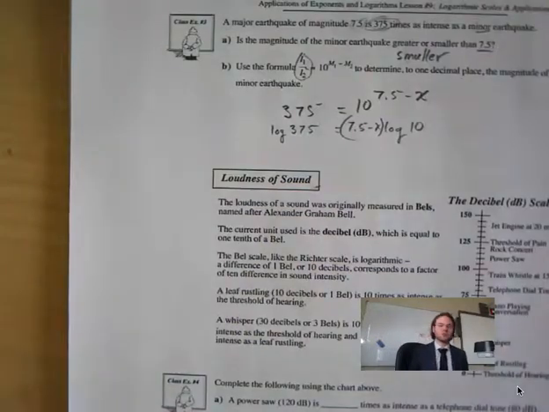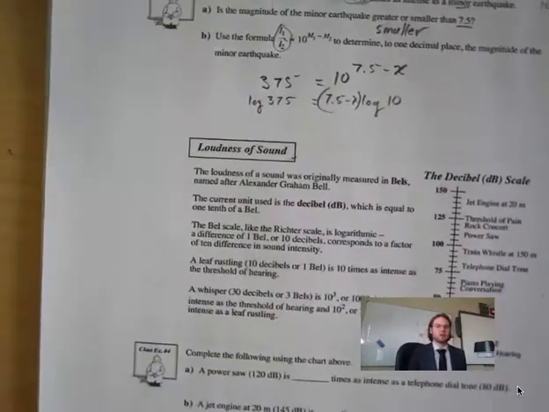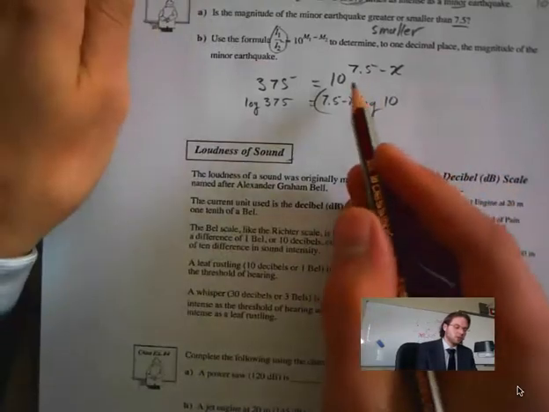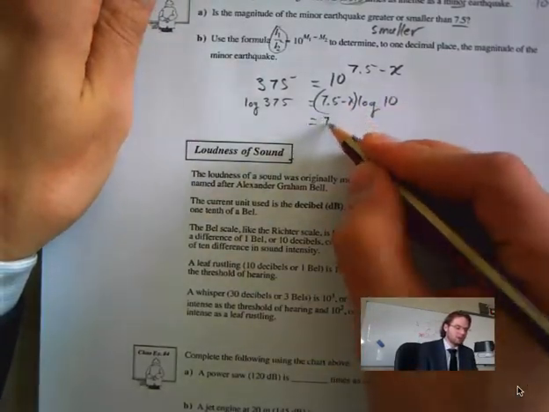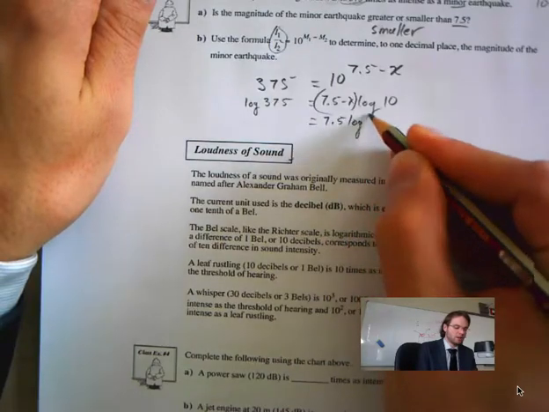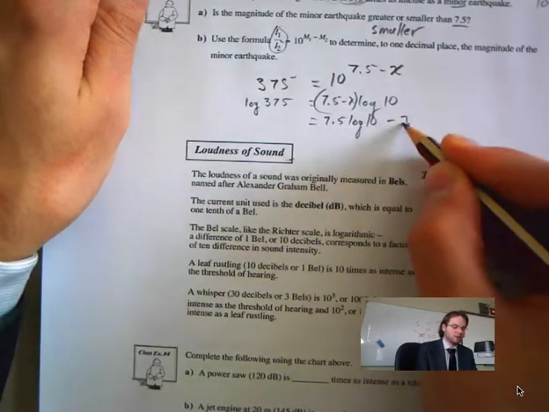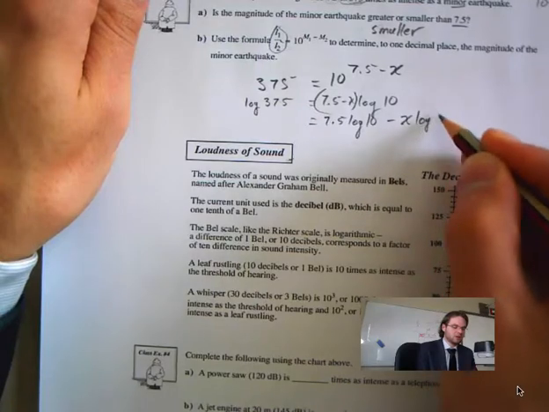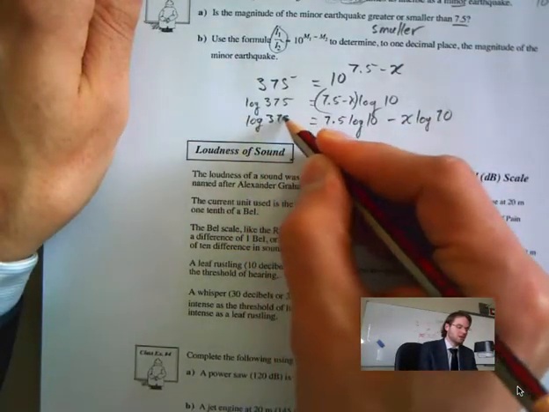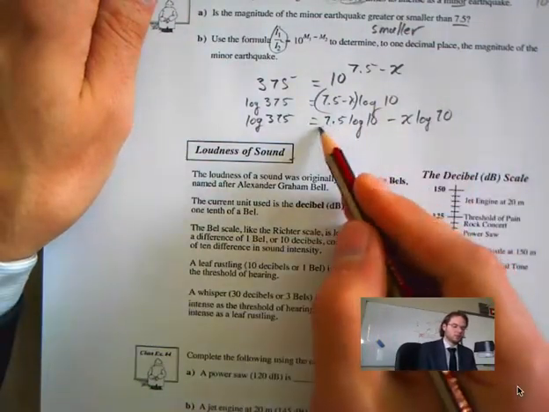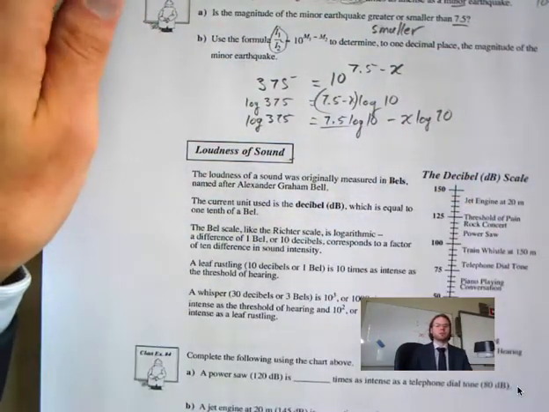So I'm going to continue this here, and I multiply this in, so I'm going to get 7.5 log 10, subtract x log 10, is equal to log 375. Okay? So I'm going to subtract 7.5 log 10 from both sides.